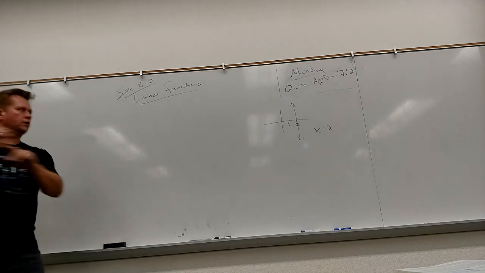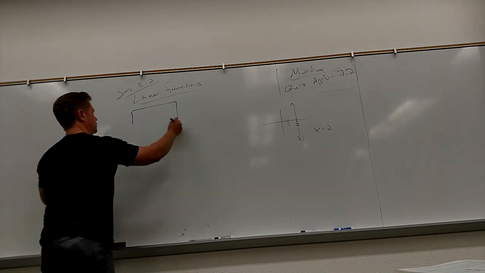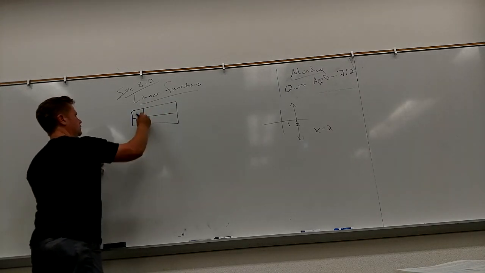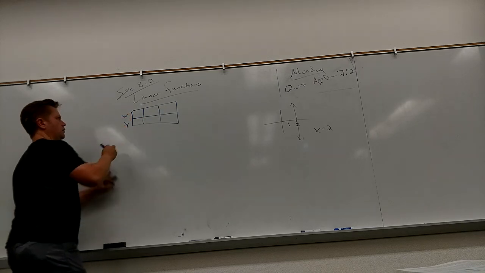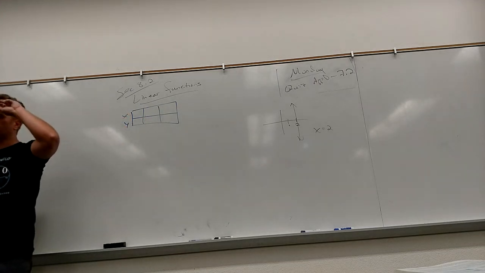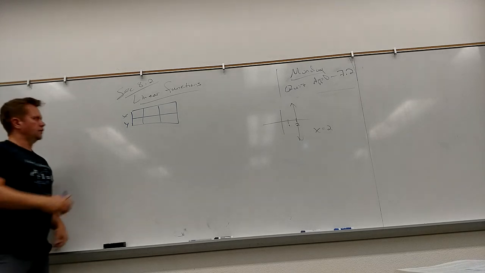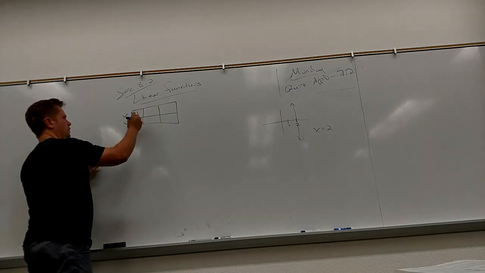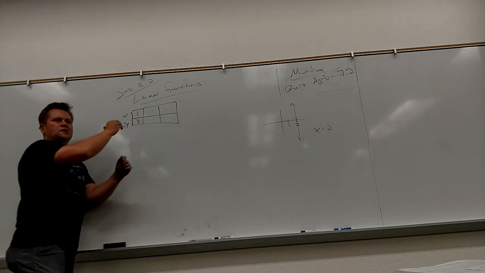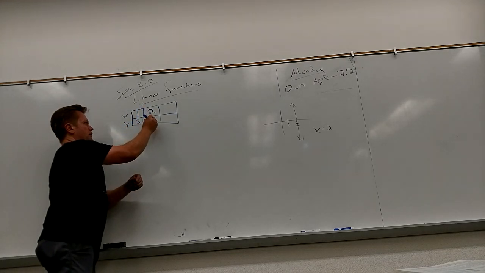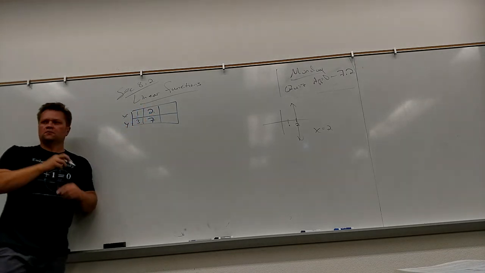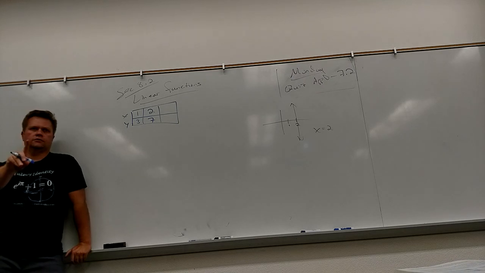Okay, so help me out. Let me see if you guys can do this. This is interesting. I like this. So x, y. I'll make an xy table sideways because the book likes to do that. If I put a 1 and a 3 there, and then I put a 2 and a 7 there, don't say this out loud. Sit on this for a minute.